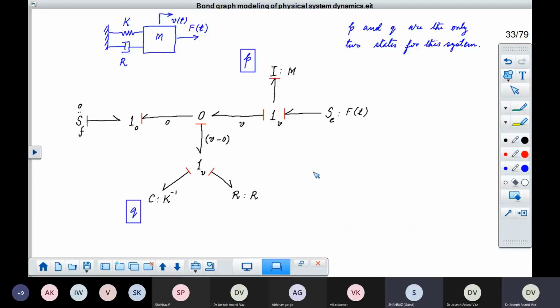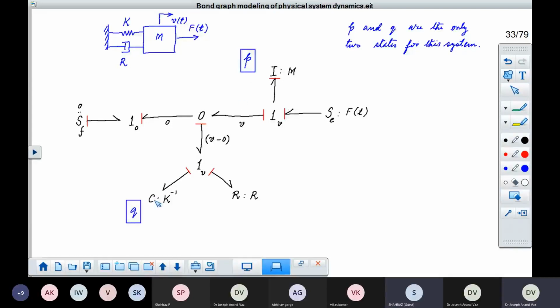Now the states are contributed only by the I and the C elements. So here you have an I element. The state associated with the I element is its momentum, generalized momentum. So P is the generalized momentum associated with this I element. Since there is only one, we are not putting any suffix or anything. So we just leave it as P.